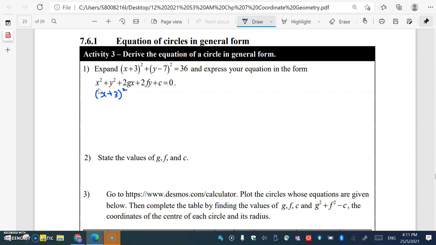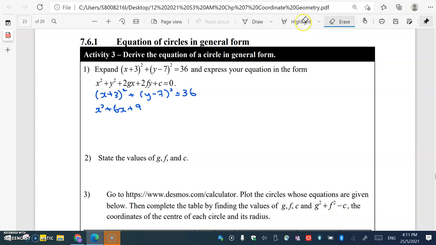(x + 3)² + (y − 7)² = 36. Upon expansion, I'll get x² + 6x + 9, plus the second bracket upon expansion, y² − 14y + 49 = 36. Let's rearrange it to look somewhat like this line here.